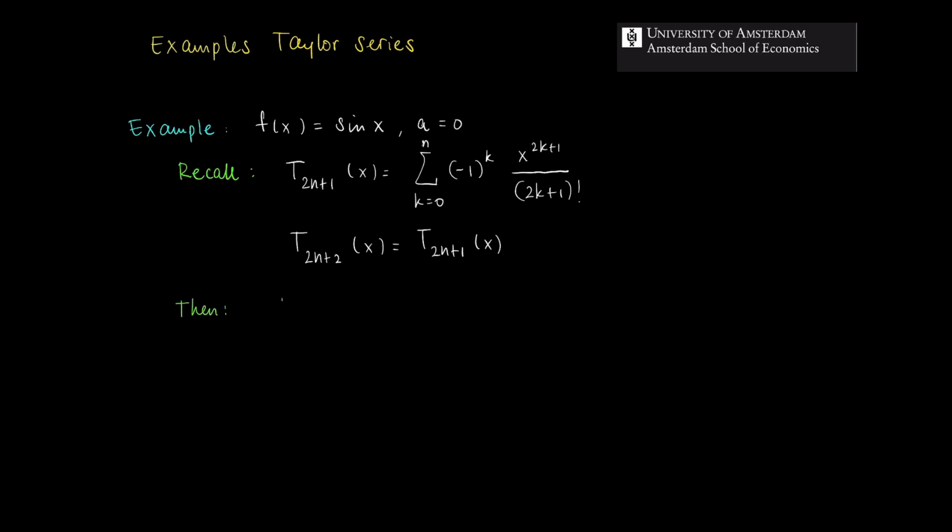Okay, but then we look at the remainder term in absolute value. We use Taylor here, so we can express the remainder term in terms of the higher order derivative in some psi of x in between 0 and x, divided by (2n plus 2) factorial, times x to the power 2n plus 2.